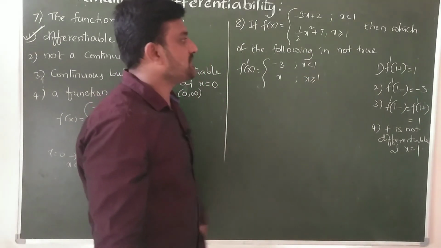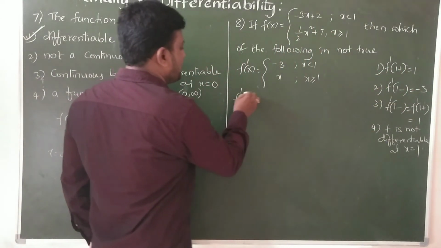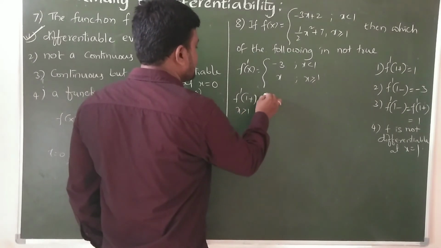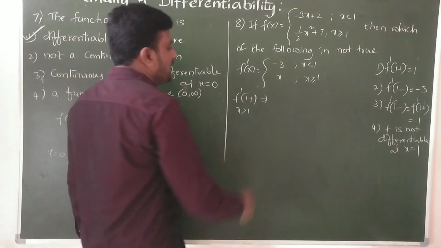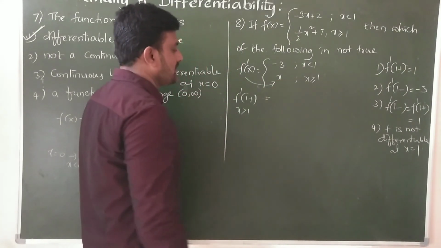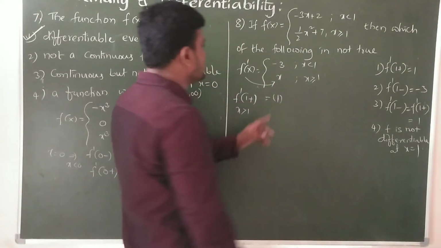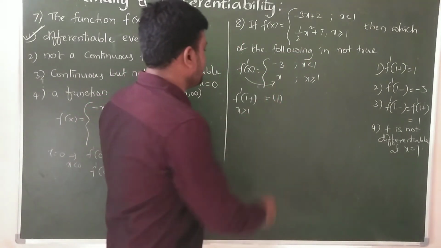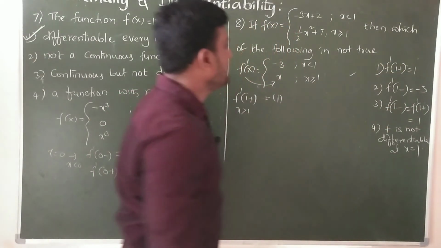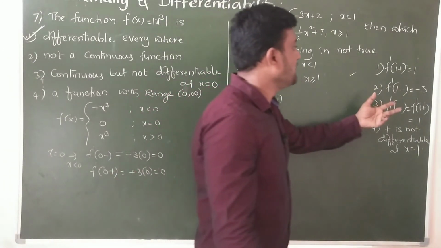Okay, let us check the first one, f dash of 1 plus, f dash of 1 plus equals what? Substitute 1 in the place of x, already that is differentiable. Okay, that is correct. It is actually true. We have to find which one is false.